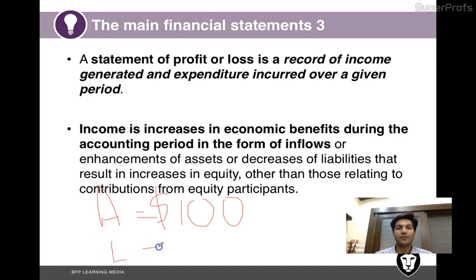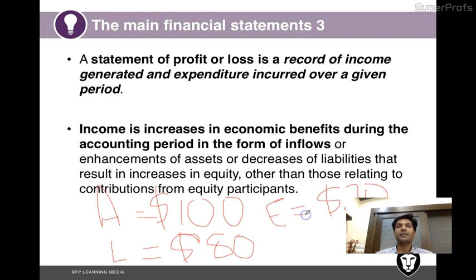We have taken a loan of $80. Okay, so the asset is of $100 and the loan is for $80. So if I sell the asset, how much will I get? I will get $100, out of which I must pay a loan of $80. So how much remains is $20. So this $20 will be my equity part.